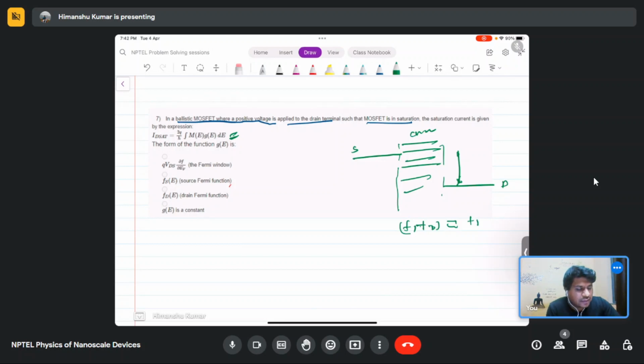So according to this, the Fermi function will be equal to the source Fermi function. If the applied drain to source voltage is large, this Fermi function will be primarily dominated by the source Fermi function.